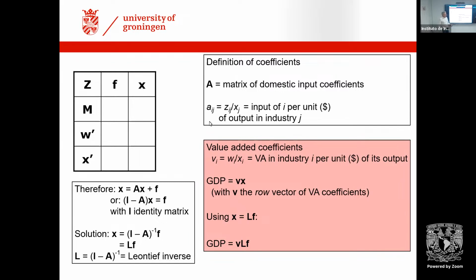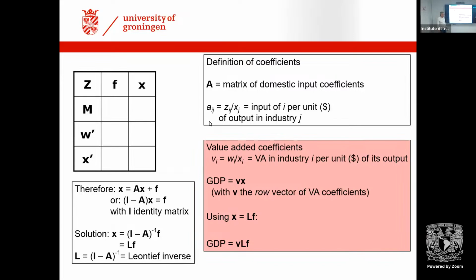So GDP is a row vector with value added coefficients times the total output, and using the expression for total output as Leontief inverse times final demand, we can write GDP as V L F. GDP is a scalar in this.